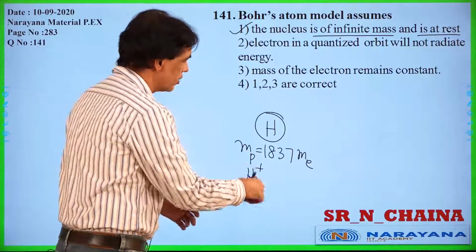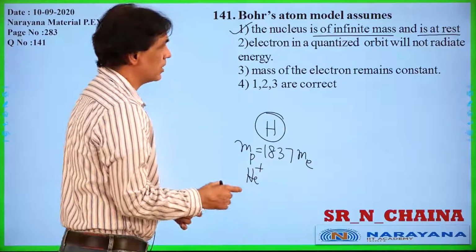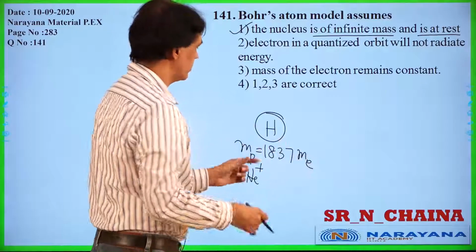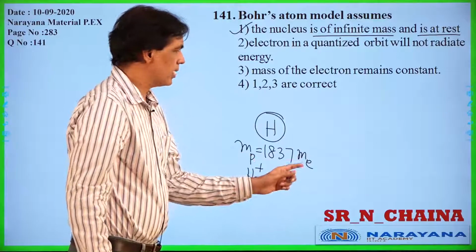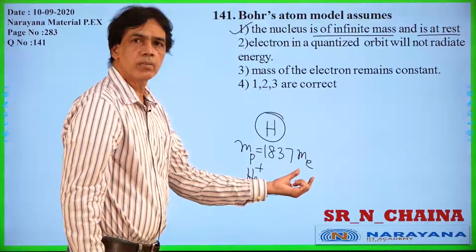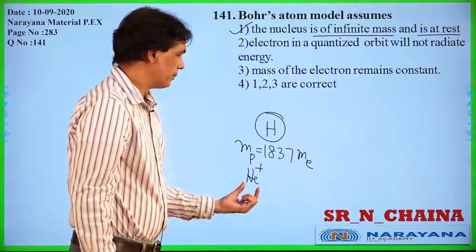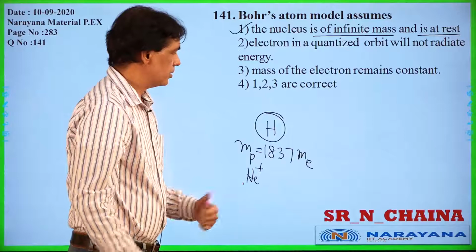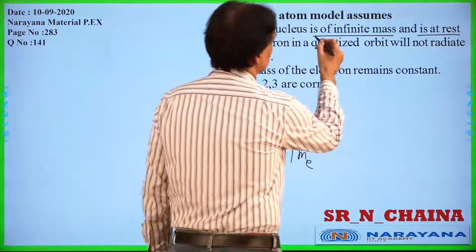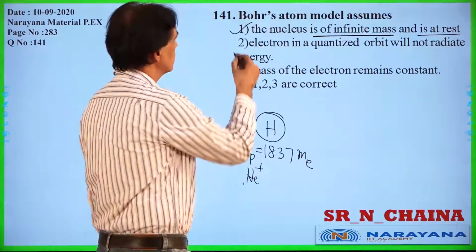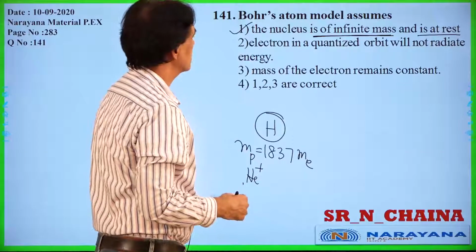That means the nucleus is massive with respect to the electron. So Bohr assumed that it has infinite mass, therefore it should be at rest. So this is the first assumption that is correct.